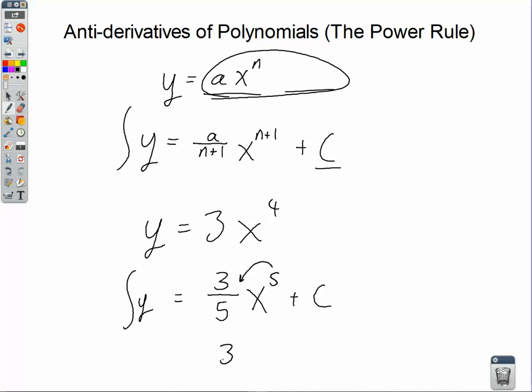And then the exponent drops by a whole number. We're back to 3x to the 4th, and the constant goes away when we take the derivative. So check. We got our derivative back again. That means we took the antiderivative correctly. And the nice thing about this, you can always check your work. Take the derivative again. After you've taken the antiderivative, you should get the original function back again.